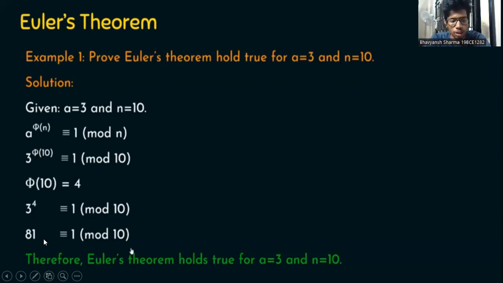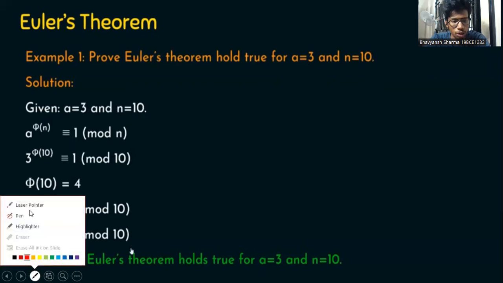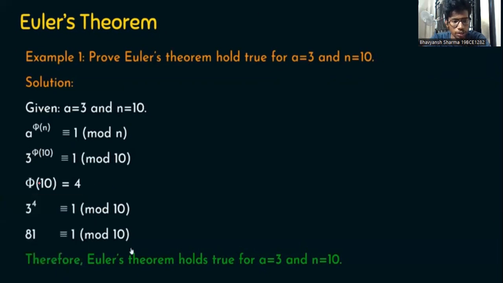Now, how do we calculate phi(10), or phi of something? Phi of something is calculated by taking the prime numbers; phi(10) can be written as 2 into 5. These are the prime numbers into which 10 can be broken.